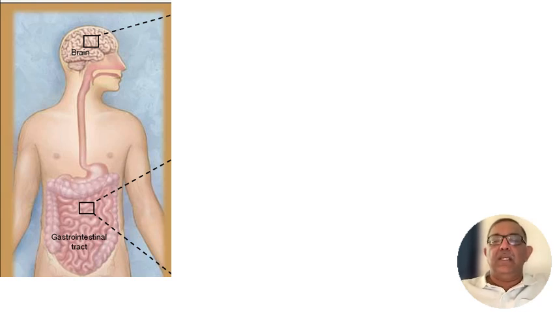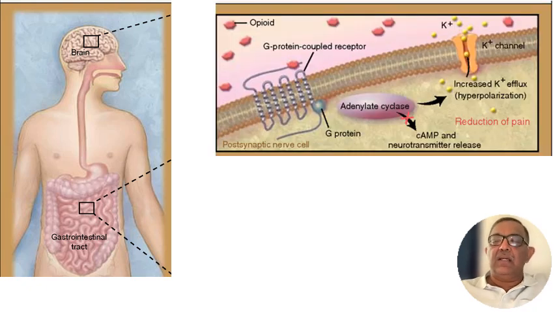This initiates steps that reduce the release of neurotransmitters, for example glutamate, acetylcholine, norepinephrine, serotonin, and substance P, and promote the efflux of potassium, which leads to hyperpolarization and hence reduced cellular excitability. So in the central nervous system, these actions are responsible for providing analgesia.